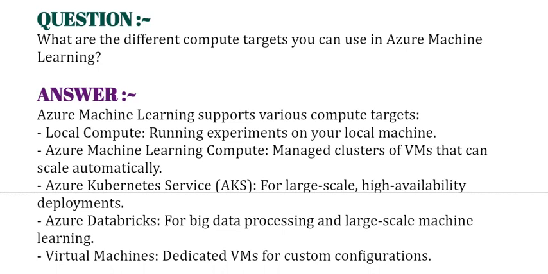Azure Machine Learning Compute: managed clusters of VMs that can scale automatically. Azure Kubernetes Service, AKS, for large-scale, high-availability deployments. Azure Databricks for big data processing and large-scale machine learning. Virtual machines: dedicated VMs for custom configurations.